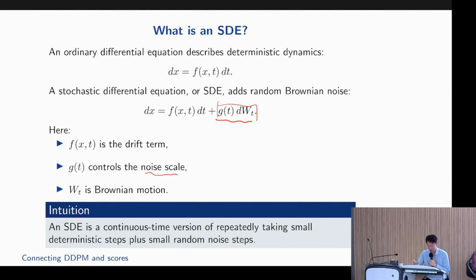This is the added component here, introducing stochasticity in the dynamics. So an SDE is a continuous-time version of repeatedly taking small deterministic steps, this part, plus small random noise steps. Because in an ODE, everything is deterministic. If you are at some point here, you just deterministically follow this dynamics. But in an SDE, you have that component, but you also have this noise from Brownian motion.